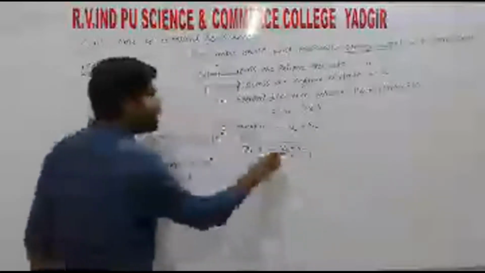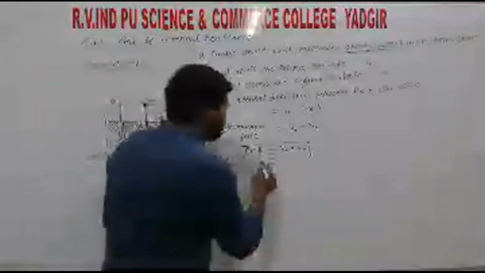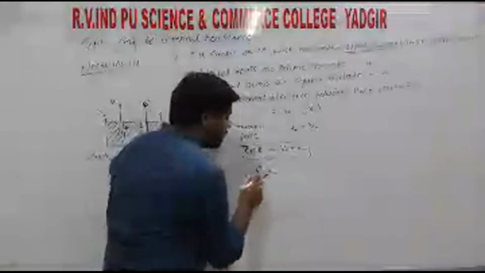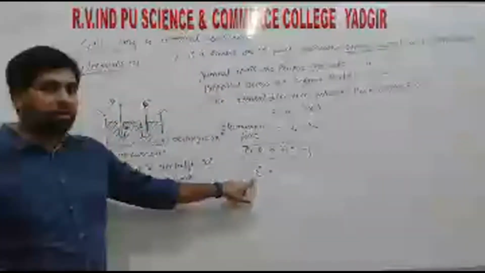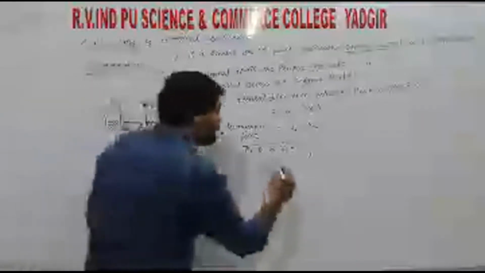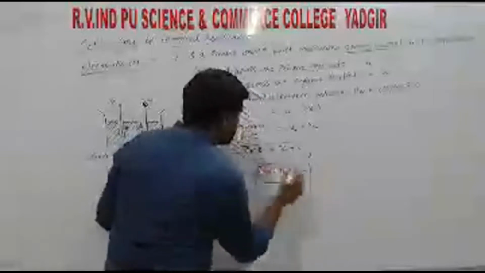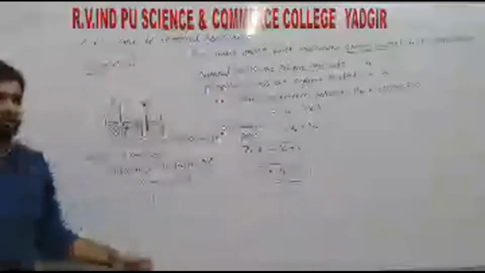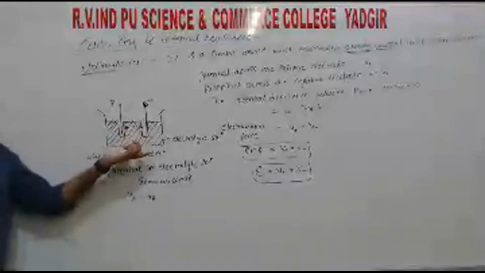This is when there is no current in an electrolytic solution. The symbol for the electromotive force is E or epsilon, so E equals V plus minus V minus when there is no current in the electrolytic solution.